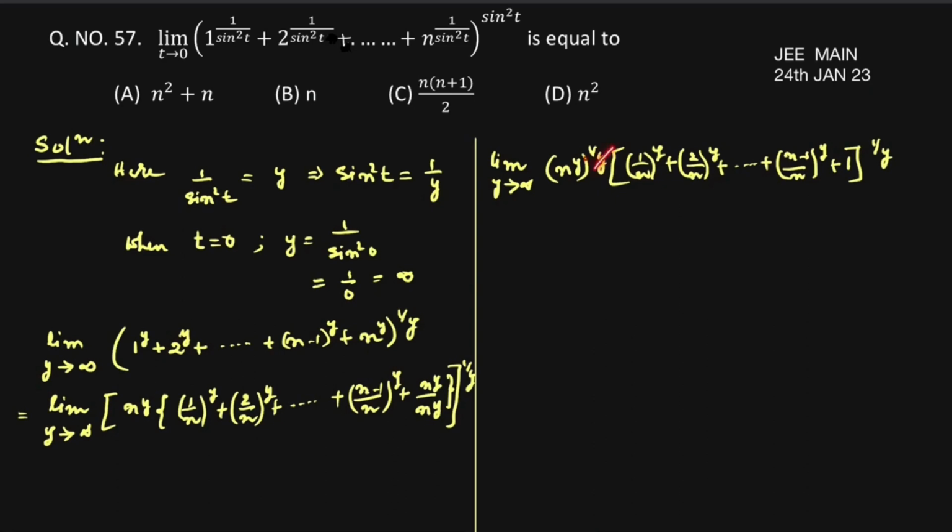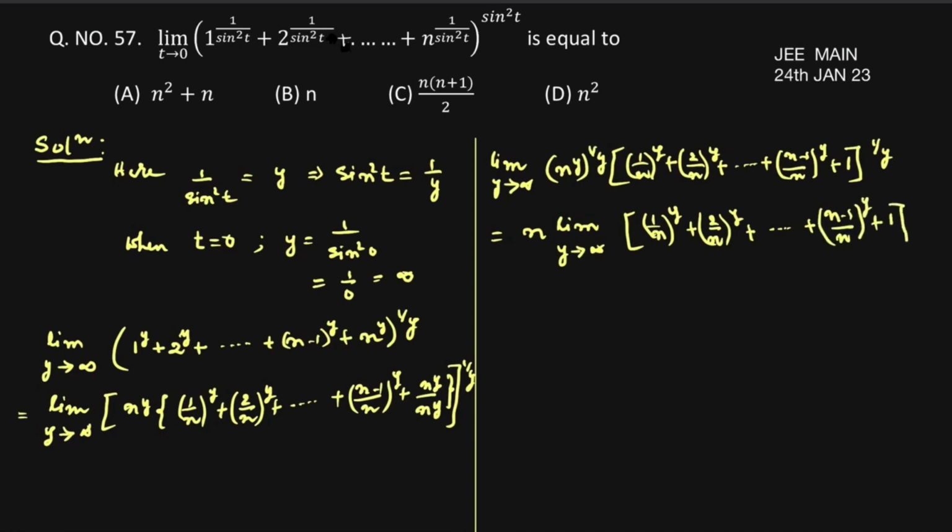After that this y and this y cancel and we are able to write this as n, limit y tends to infinity, (1 by n to power y plus 2 by n to power y plus n minus 1 by n to power y plus 1) to power 1 by y.